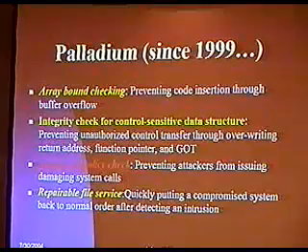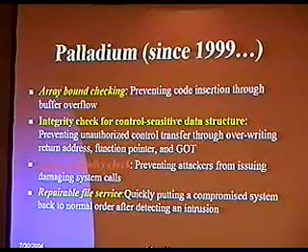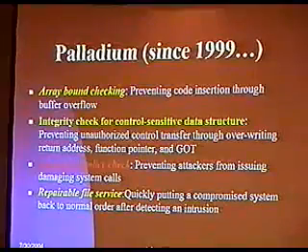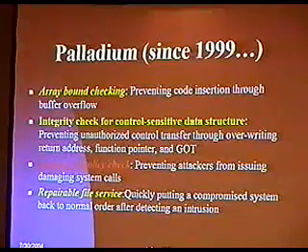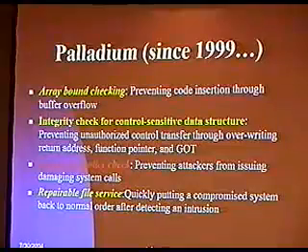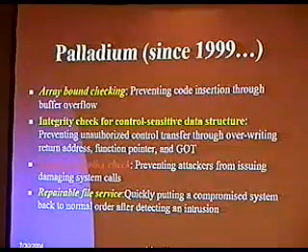In the Palladium project, we use a very interesting idea to solve this problem. The way we solve this problem is that we exploit a particular feature, the virtual memory hardware features in the x86 architecture. Basically, what we do is we use the segment limit check in the x86 architecture's virtual memory hardware.